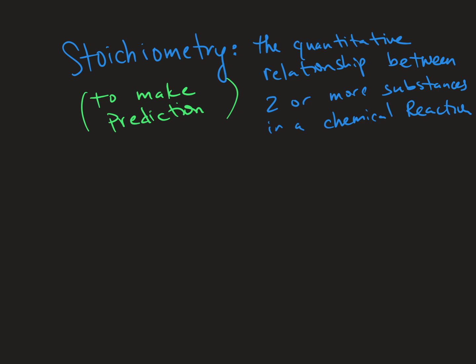All right, I'm going to give you the mole roadmap. So we talked about how to convert moles to moles, or moles to grams, and grams to moles, and moles to particles, and particles to moles, and moles to liters, and liters to moles, right? Talked all about that stuff. Now I'm going to just show you how to go from moles of one substance to moles of a different substance. That's today's topic. That's what stoichiometry is.